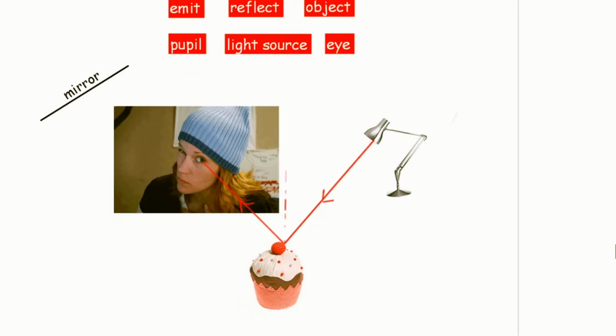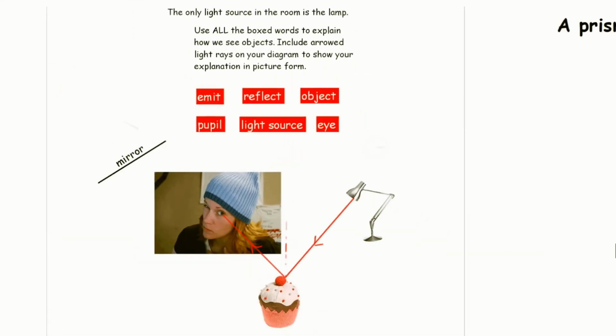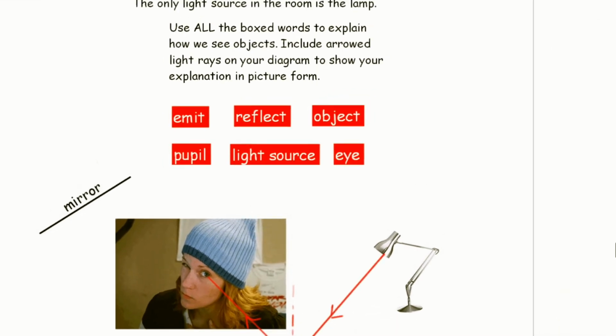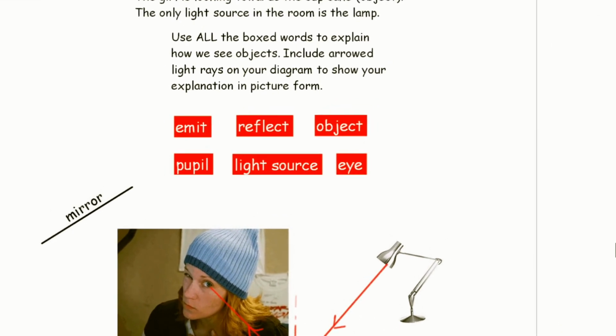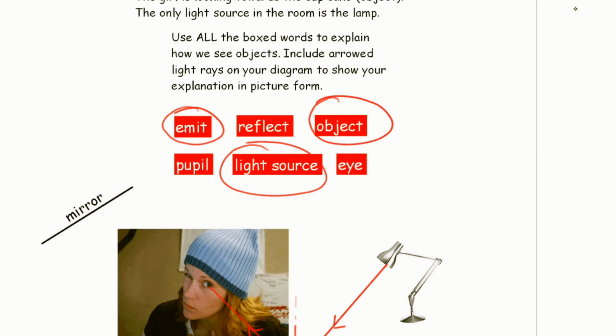So to use all these words, what you've got to do underneath there is write a paragraph using the words above. I'll just give you an example. You write it in your own words again. The light source emits light towards the cupcake, which is known as the object.